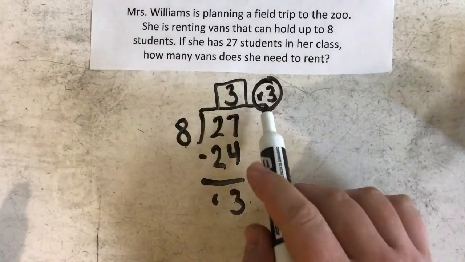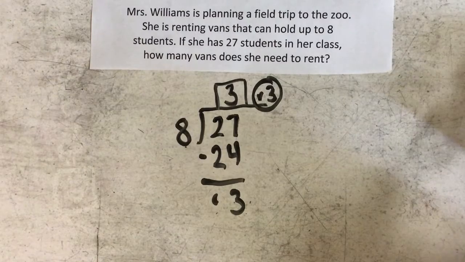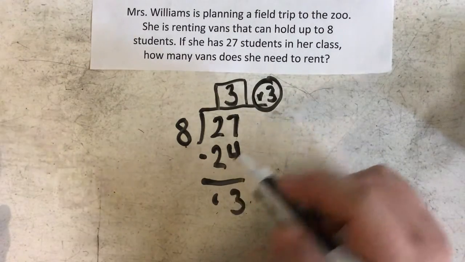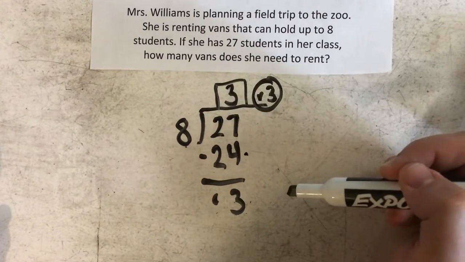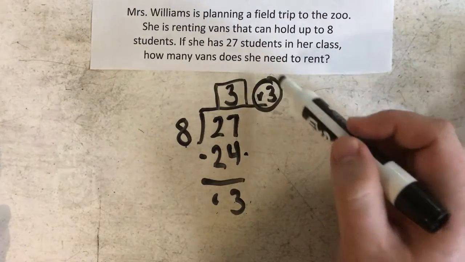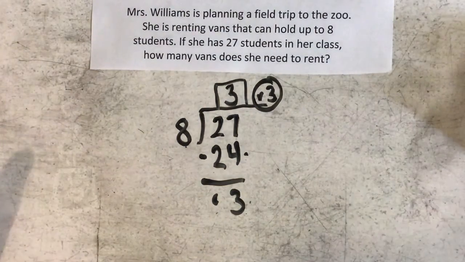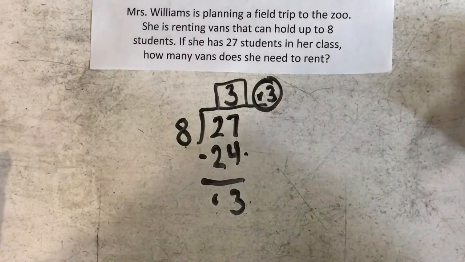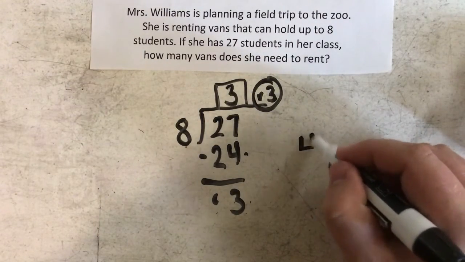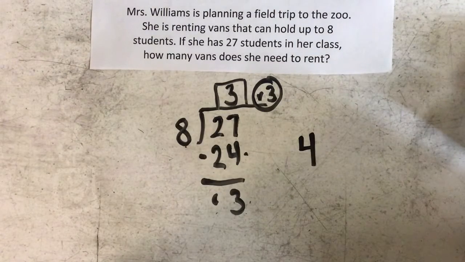If you are one of the 3 students that were left over, you want to go on the field trip too, right? So if she only orders 3 vans, she's only going to have enough spots for 24 students. The remaining 3 students, though, also need another van. So instead of ordering 3 vans, she's really going to order 4 vans.